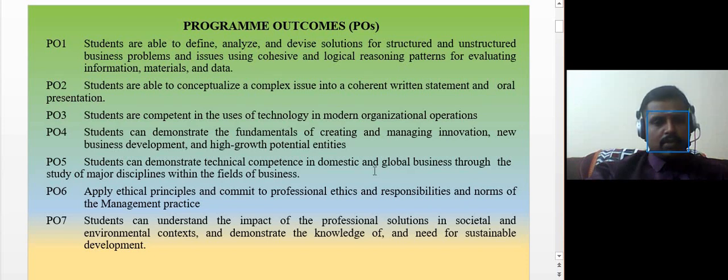Program outcome 6 is to apply ethical principles and commit to professional ethics and responsibilities and norms of management practice. And the last outcome, 7, is that the students can understand the impact of professional solutions in societal and environmental context and demonstrate the knowledge of and need for sustainable development.